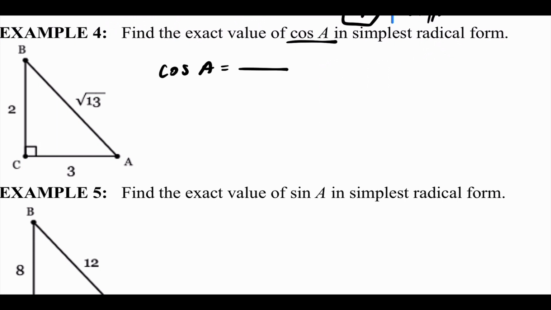So let me go find where A is. A is right here. So adjacent to A. Which side is adjacent to A? Which side is touching A? Which leg, I should say. Which leg is touching A? 3. So 3 is going to go on top, and the hypotenuse goes on the bottom.